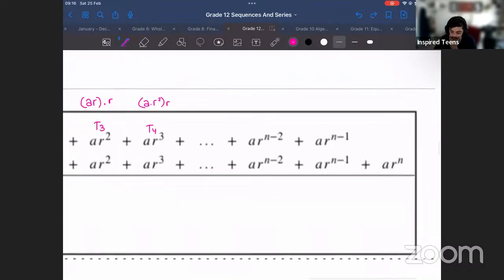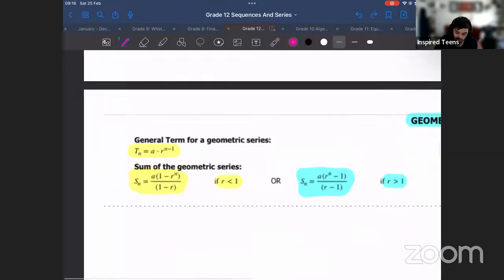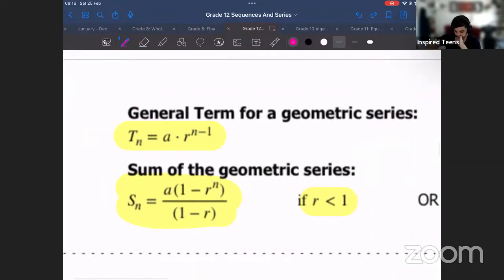Then you express the last few terms. How are we getting this last term? Again, we make use of our general formula. What is our general formula? Tn is equal to A times R to the n minus 1.